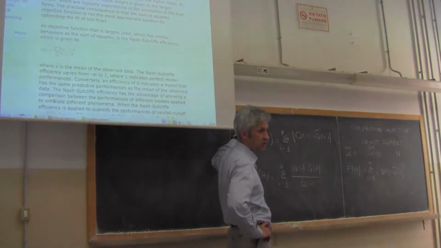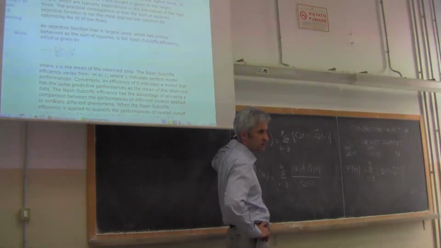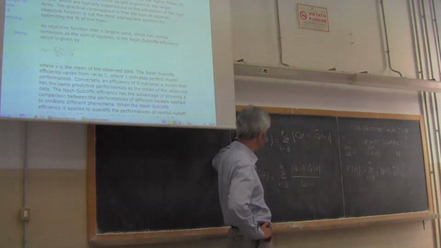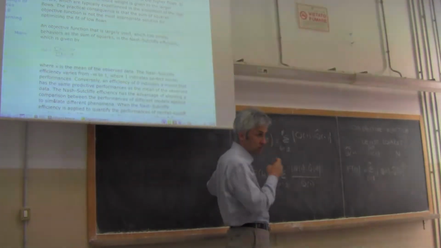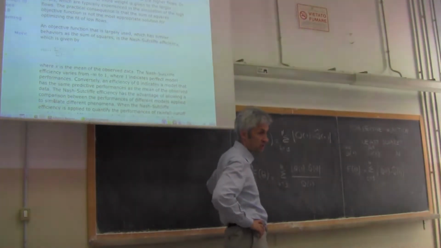The first one is called sum of the absolute errors. The second one is called sum of the absolute relative errors.